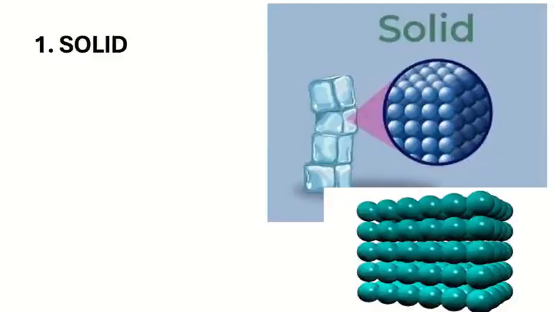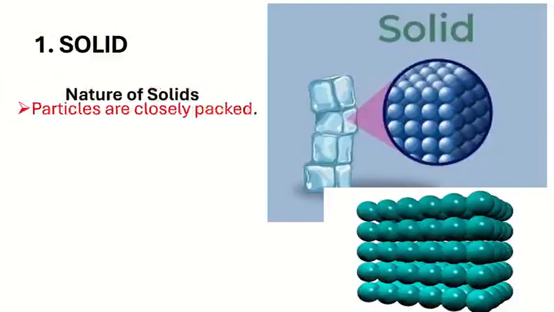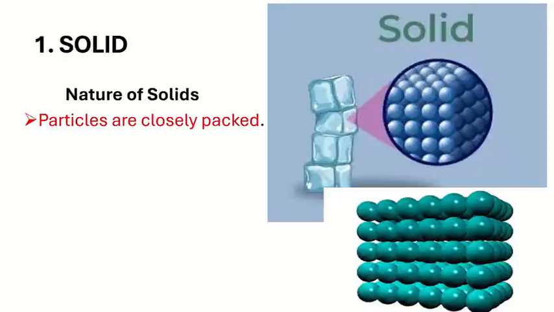All right. So, first of all, we have to understand the nature of solids. What is the nature? One, the particles are closely packed, as we can see here. So, if these are atoms of a particular substance, the atoms are closely packed. If it's a molecule, the molecules are closely packed.